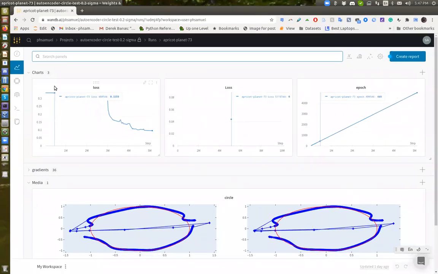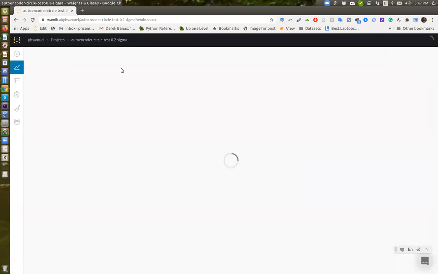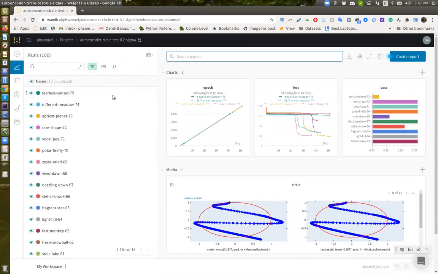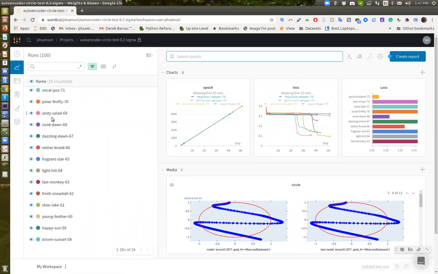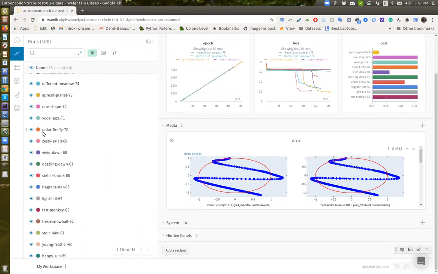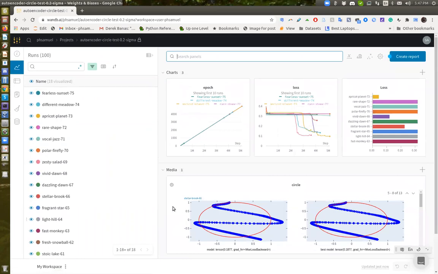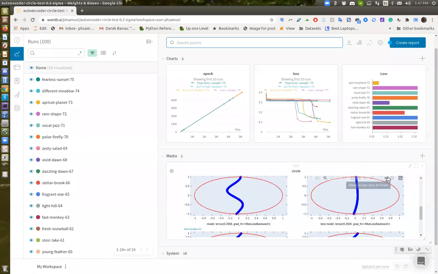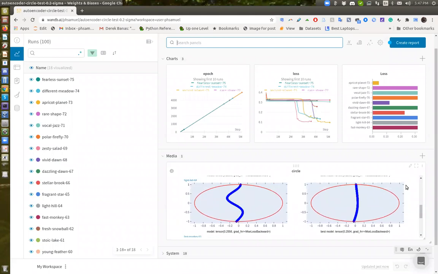For example, here I have many runs, and each time I have a slightly different configuration. I can quickly see the loss for each of them, and I can also prepare some plots here.